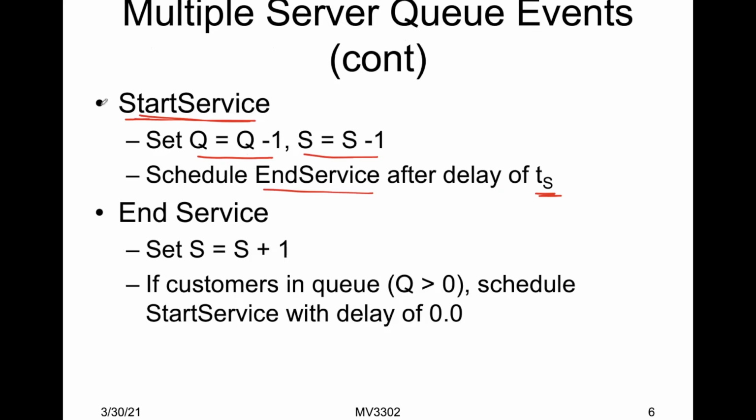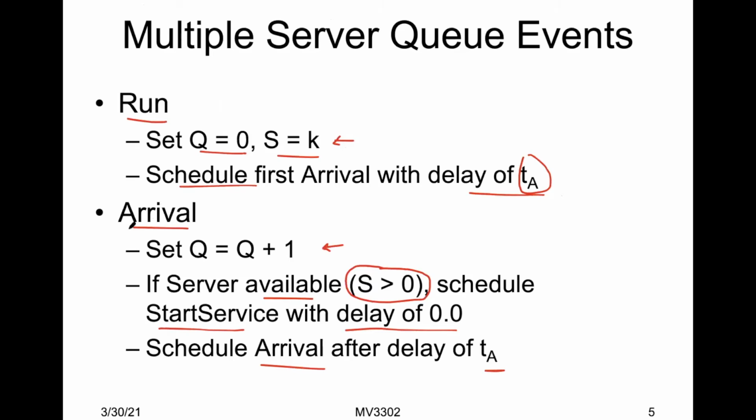One important thing to recognize is that the way this model is constructed, each event has just one job. That's an ideal you want. You don't want events that try to do too many things. Just as the arrival event has one job, which is to put a customer in the queue in terms of the state transition, and as part of its job to possibly schedule the start service and to always schedule the next guy.